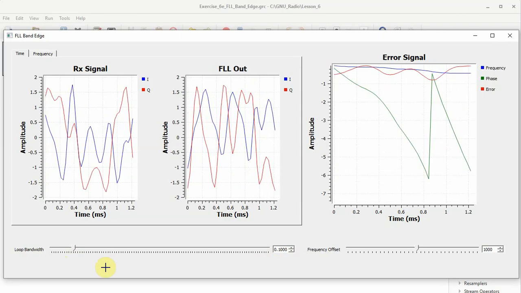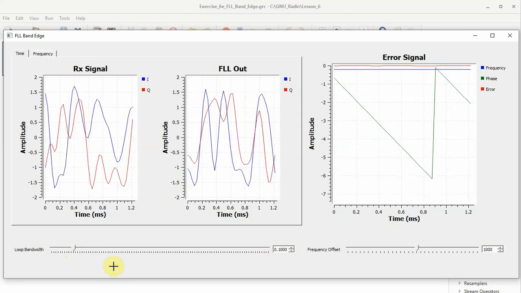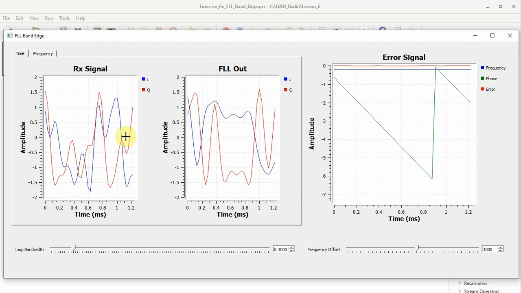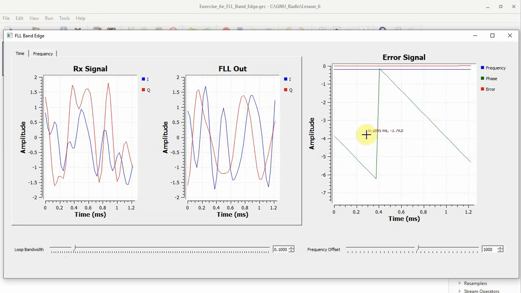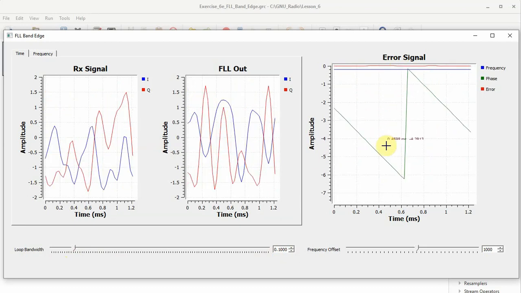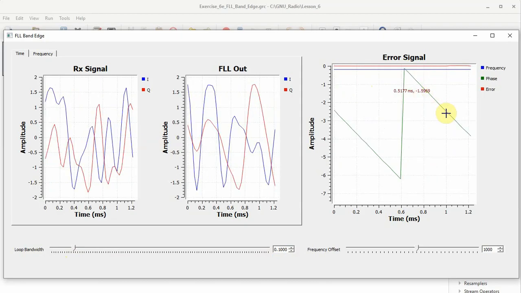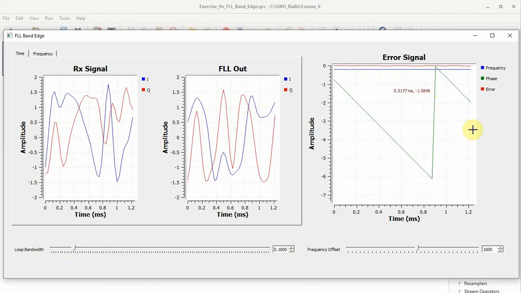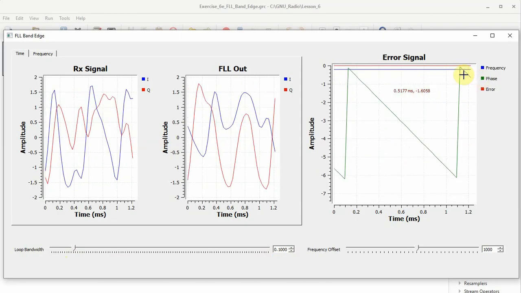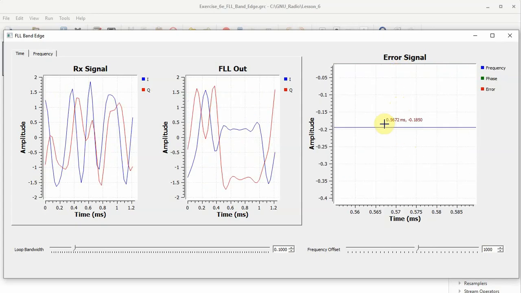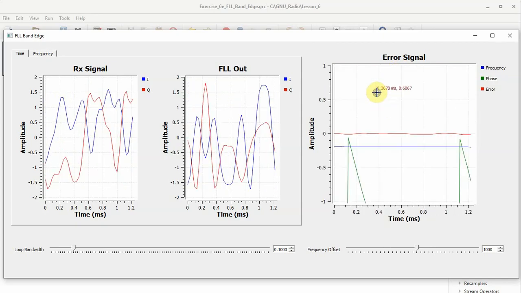Let us increase the loop bandwidth, and from an observation of these two waveforms, it seems that the FLL has converged. This is also clear from the error signal, where we can see that the phase has become quite smooth, which means that it is tracking a frequency error, and the frequency comes out close to minus 0.2.